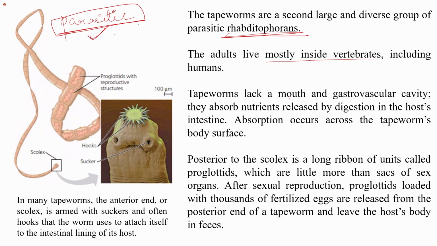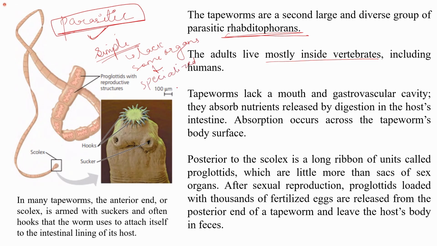They lack a mouth since they have to reside inside the body of another organism, for example humans. Therefore, they have to keep their body structure simple. In order to keep it simple, they lack some of the organs, and instead they have some specialized structures.